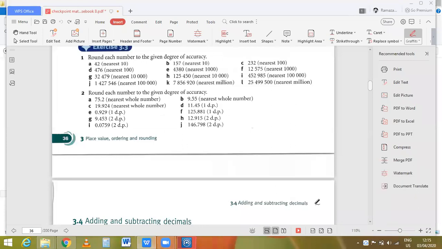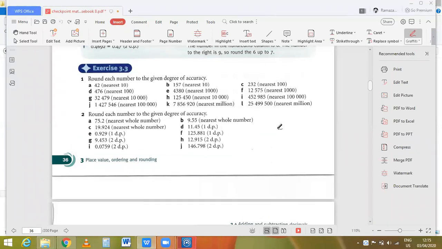Otherwise, I'm going to finish the lesson. And teacher, this question is about rounding.